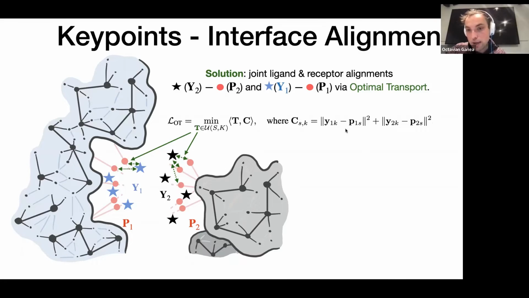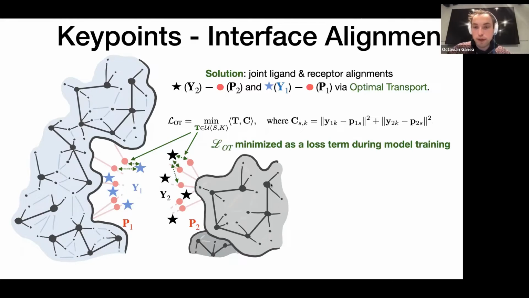So the way it's done is essentially taking the 3D distance between a key point in the first protein and a binding interface point in the first protein, and the same for the second protein, and it's going to add them up. So what this T matrix is going to do is find a sparse mapping between indices of key points and indices of binding interface points, such that the total cost matrix over the aligned elements is going to be minimized. And this is going to be a loss function that's going to be minimized during model training.